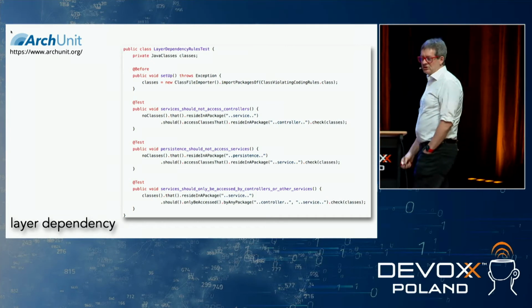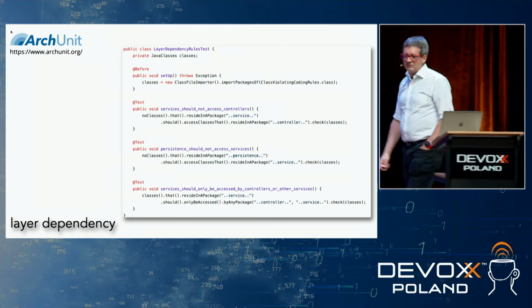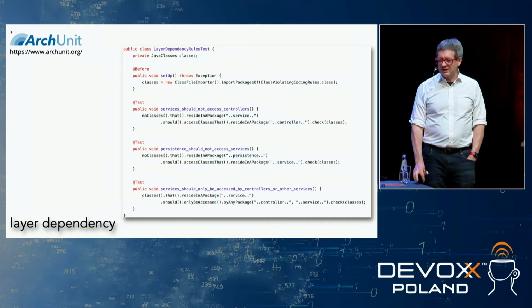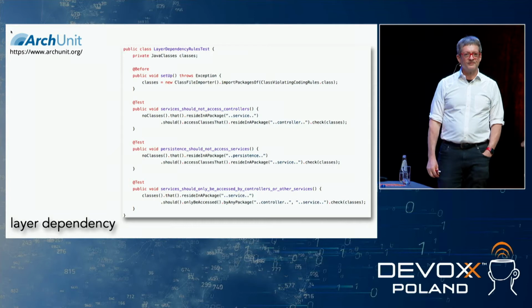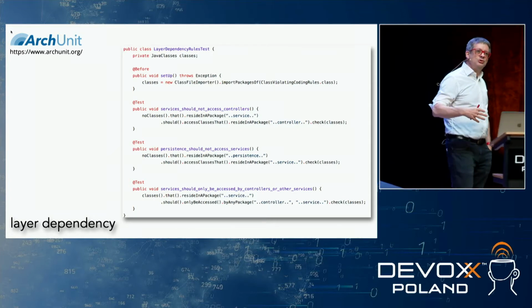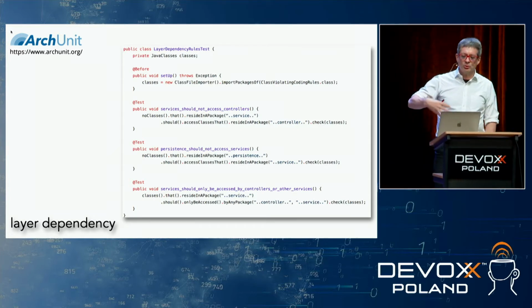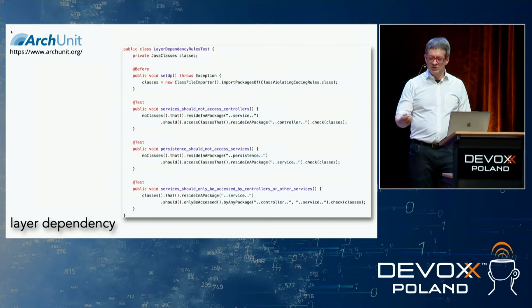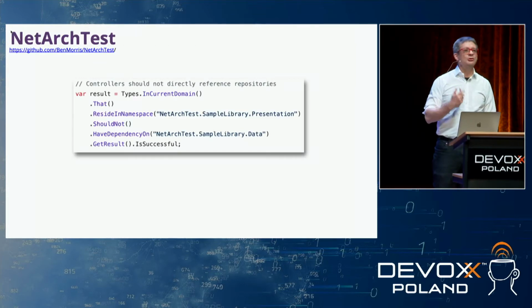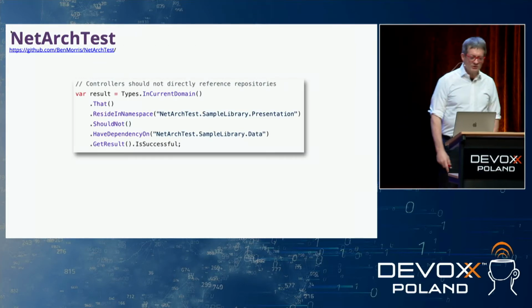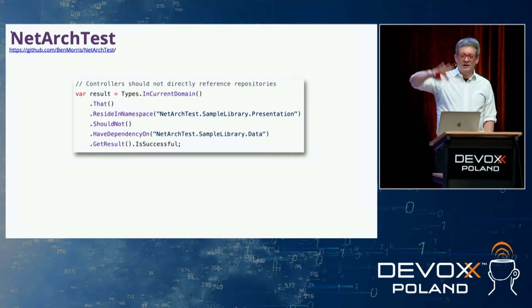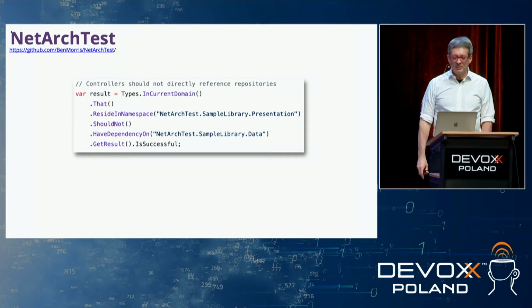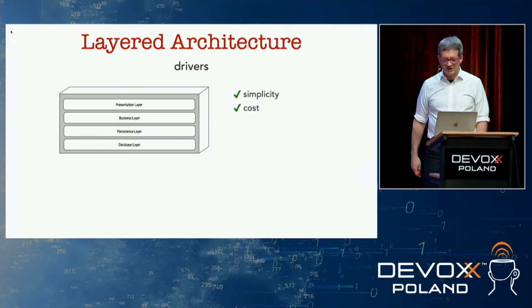So you see the first test there says no classes that reside in a package service should access classes that reside in a package controller. This allows you to programmatically control governance and make sure that people don't cheat on the architectural style that you've created. ArchUnit is in the Java world. Here's a similar tool in the .NET world. And so there's a whole rich family of tools that allow you to automate some of these architectural governance tasks. But that's not the subject of this talk.